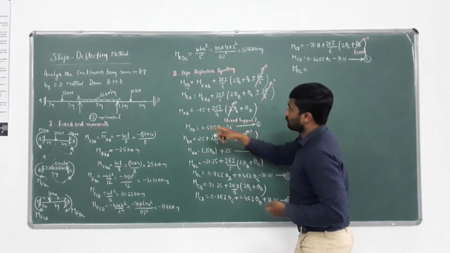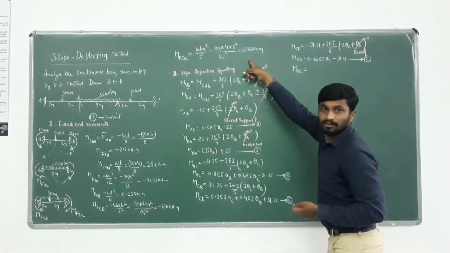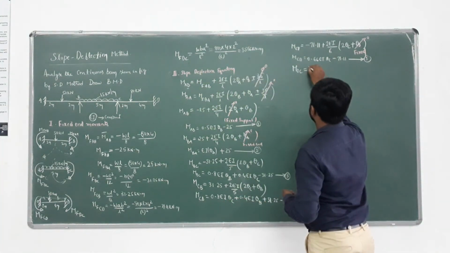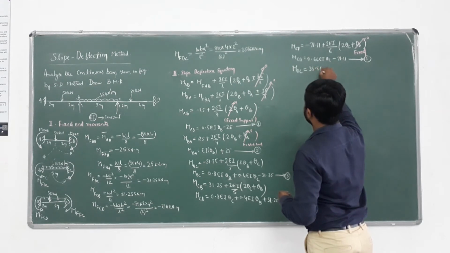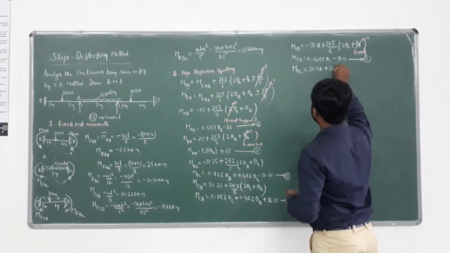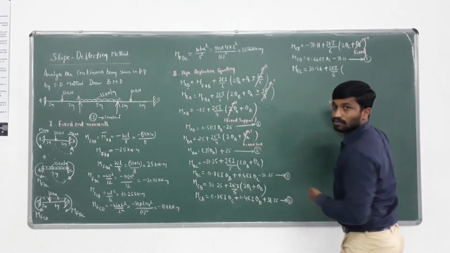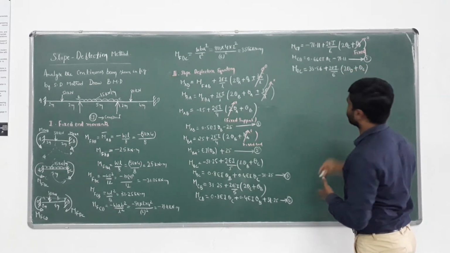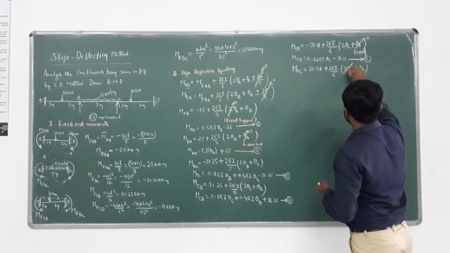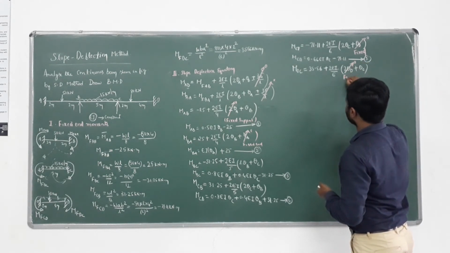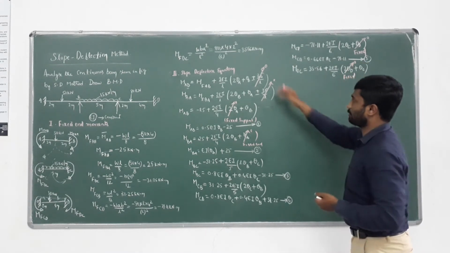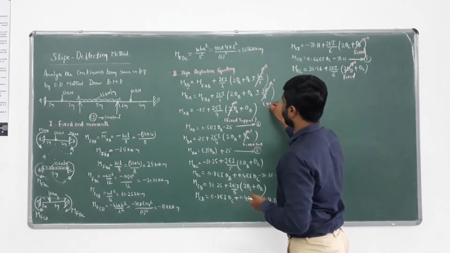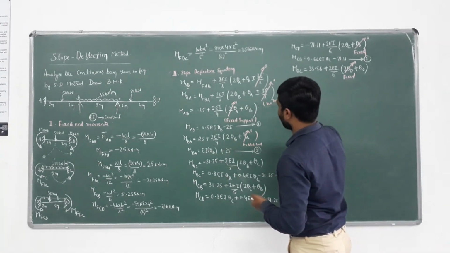Next, MDC. MDC equals MDC bar or MFDC, 35.56 plus 2 EI by L. L is 6 into 2 theta D plus theta C. But here theta D is 0 because fixed, and delta is also 0. Why? Because no sinking.